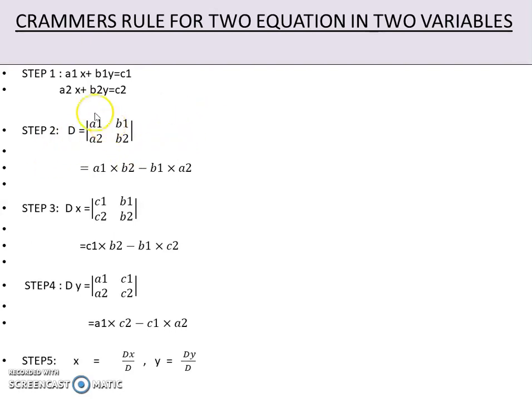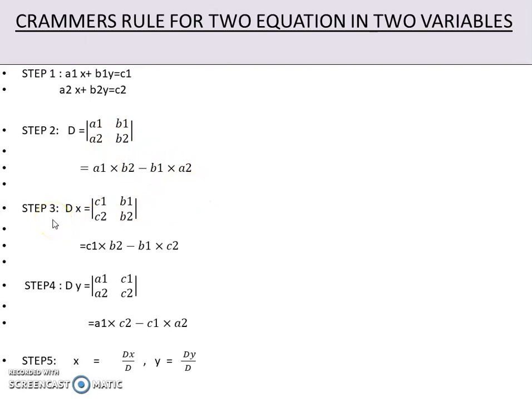Let us try. What is step number 1? We confirm that the given equation system is a1x plus b1y equal to c1, a2x plus b2y equal to c2. Step number 2, D is equal to, we take the coefficients of x and y, a1, a2, b1, b2. We take the cross multiplication, a1 into b2 minus b1 into a2.